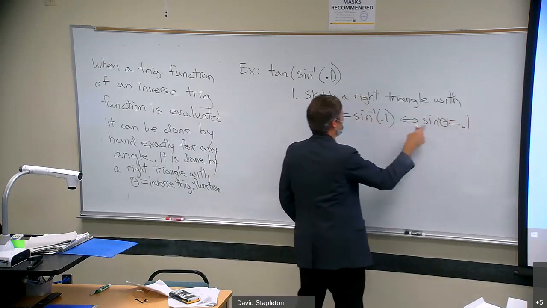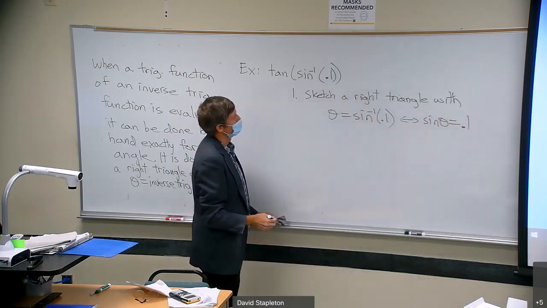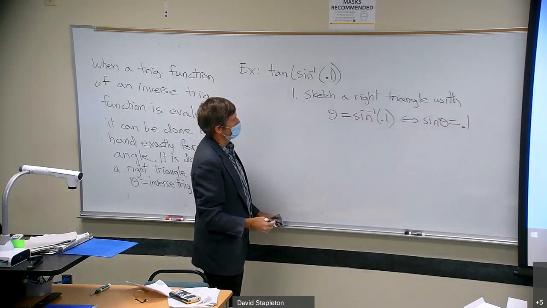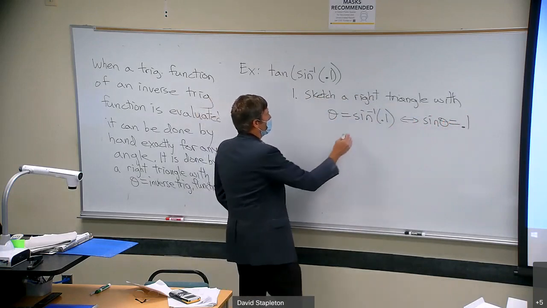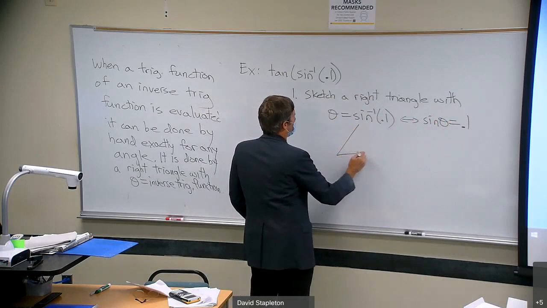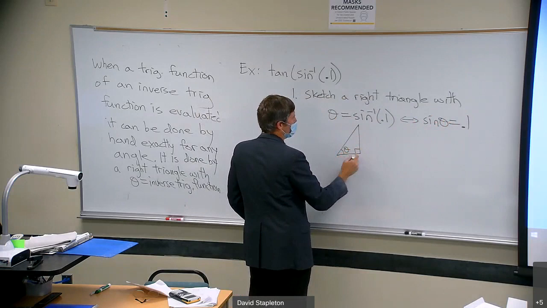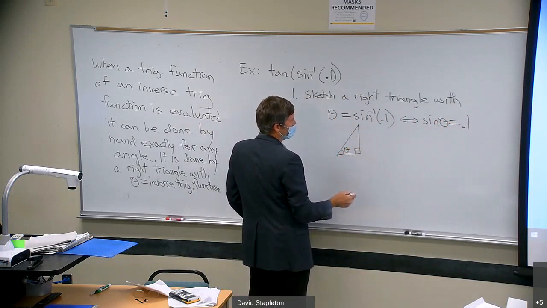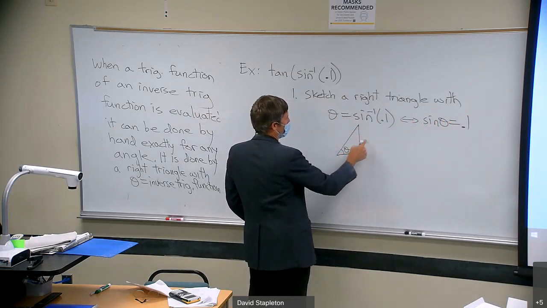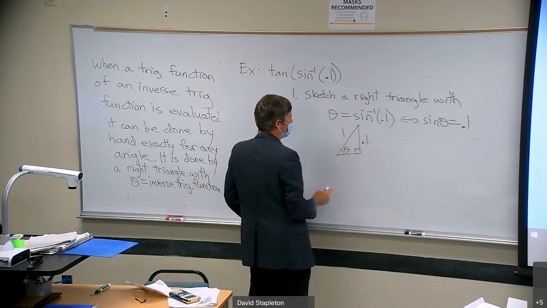In a right triangle, these two are equivalent. So I draw a right triangle. It doesn't even have to be to scale very well. I call this theta, and this won't be to scale. And I can put opposite over hypotenuse equal to 0.1, so I can put 0.1 here and 1 here.